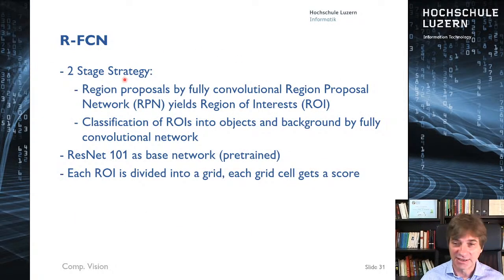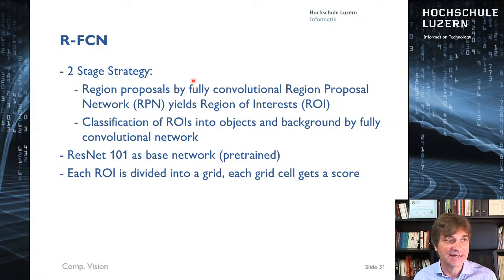So they also use kind of 2 stages. They have some region proposals by some fully convolutional region proposal networks, which gives those regions of interest, and then they have a classification of region of interest into objects and background by a fully convolutional network.